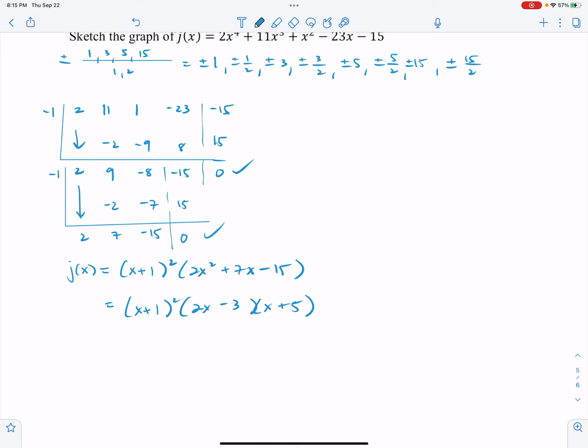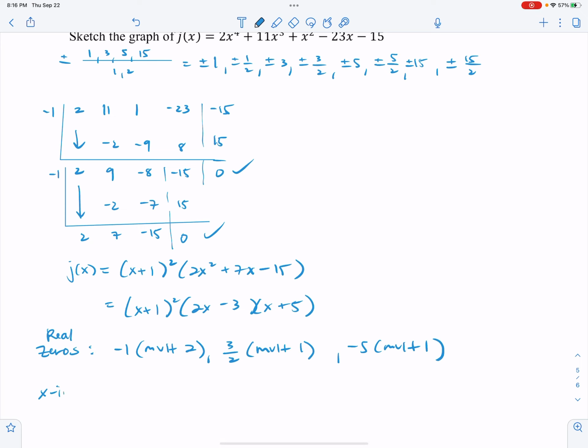So (2x minus 3)(x plus 5). So that means that our real zeros, if we want to be extra specific, are -1, which has a multiplicity of 2, 3/2 has a multiplicity of 1, and -5 has a multiplicity of 1 as well.